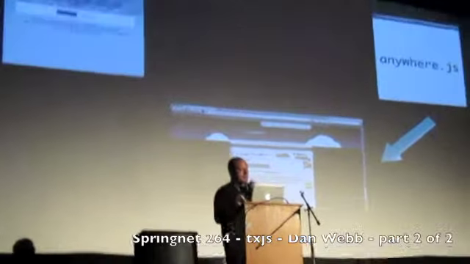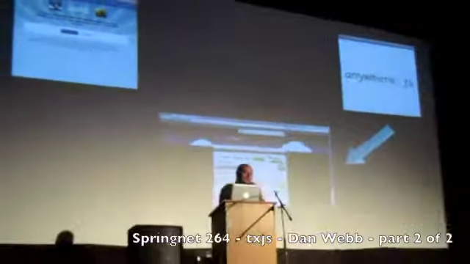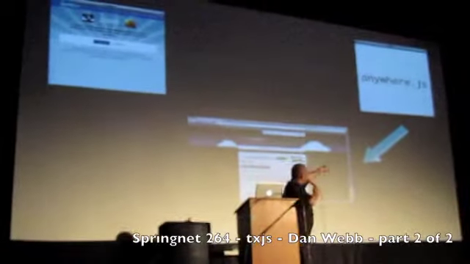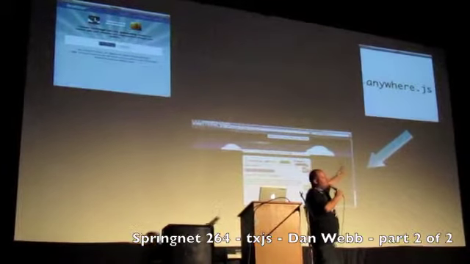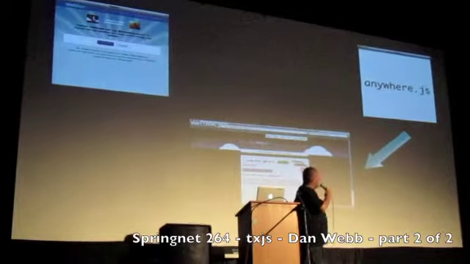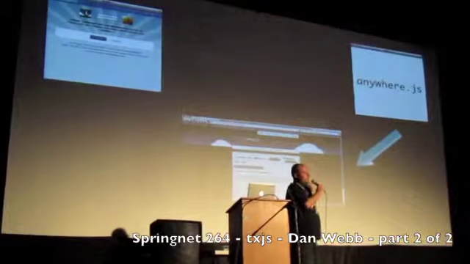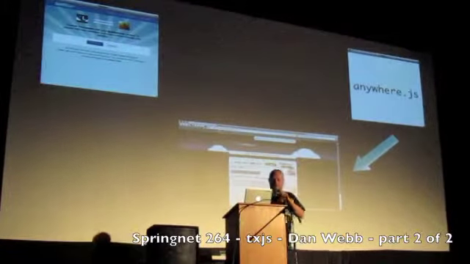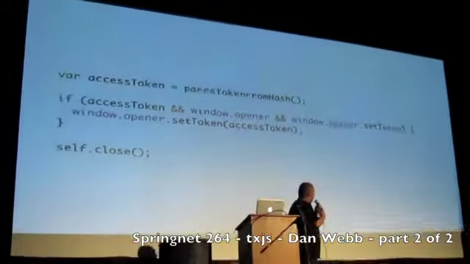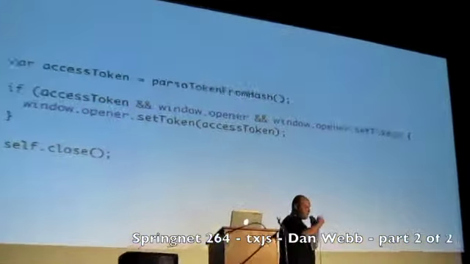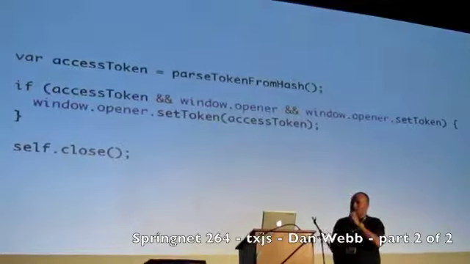The final part is pretty easy. So now we've got up here in this pop-up window, that is now a client URL, which means that its parent window can talk to it again. So inside the pop-up window we'll have some code like this that says parse the token out of the hash.